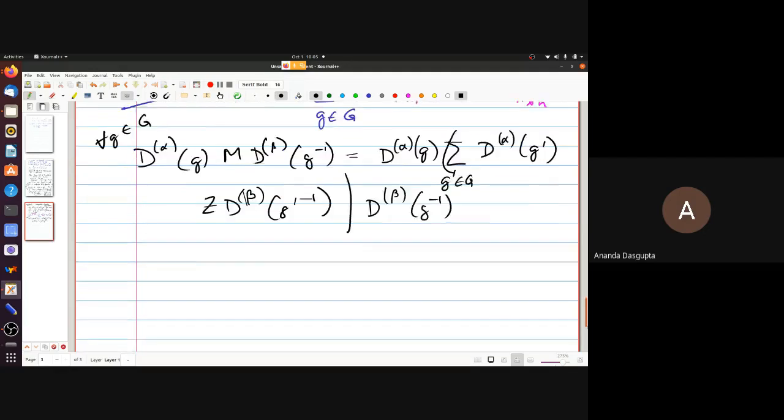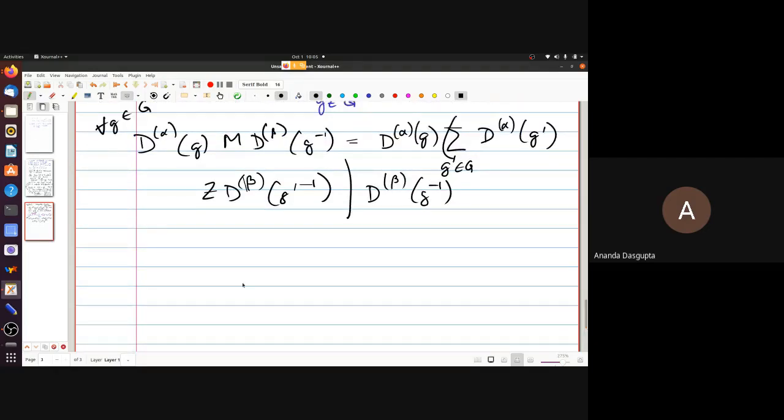So you're with me so far, right? So this is sum over g prime belonging to capital G. Now I just move the d alpha g and d beta g inverse inside the sum. This is where the sum being finite, that is the group being finite, becomes very important. The sum is over a finite number of terms. So I can just move the d alpha g in from the left, d beta g inverse in from the right, and then sum up.